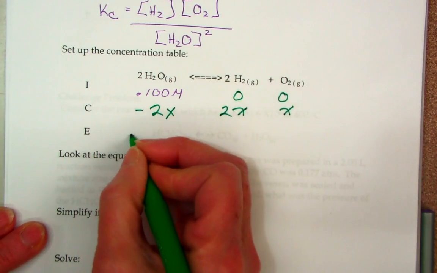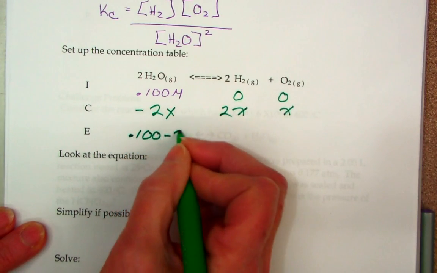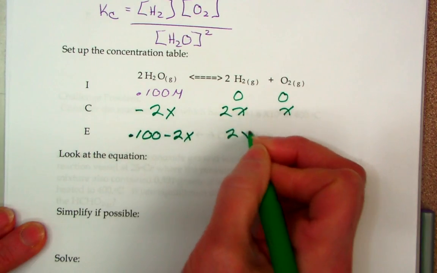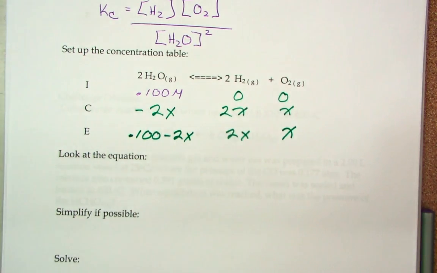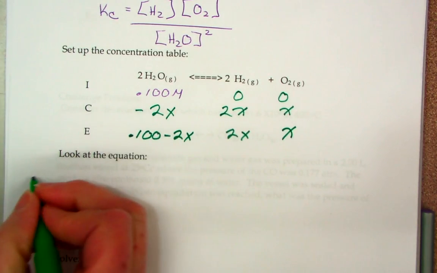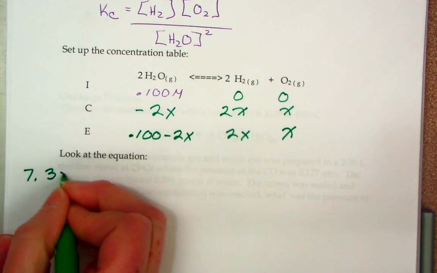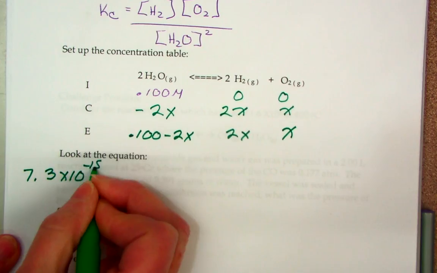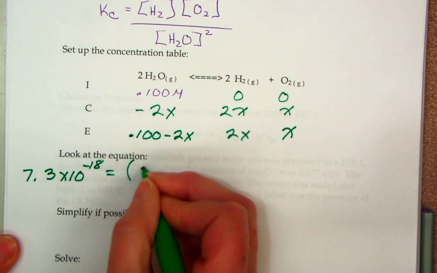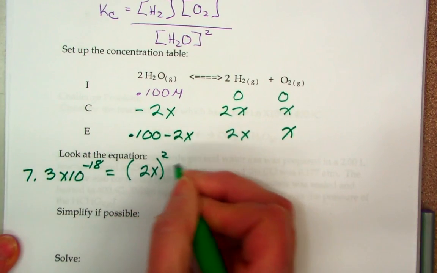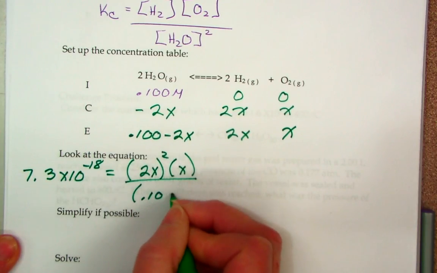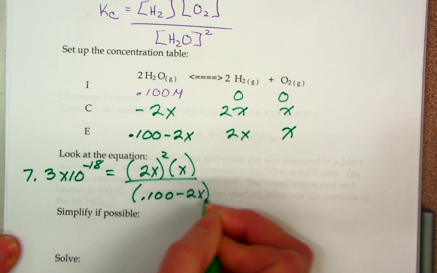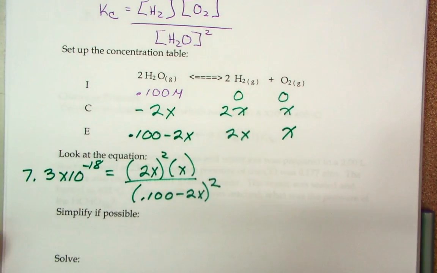At equilibrium, 0.1 minus 2x, 2x, and x. Now, let's look at the equation. If we plug in Kc, 7.3 times 10 to the negative 18th is equal to 2x, the quantity squared, times x, divided by 0.1 minus 2x, the quantity squared. Now, what kind of mess is that going to give me mathematically?